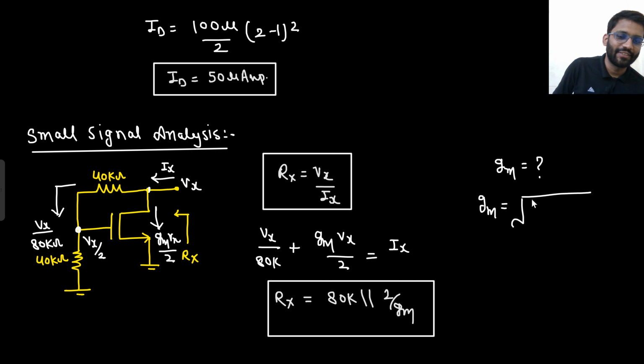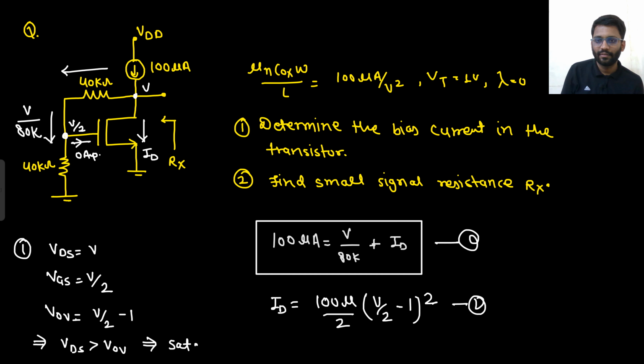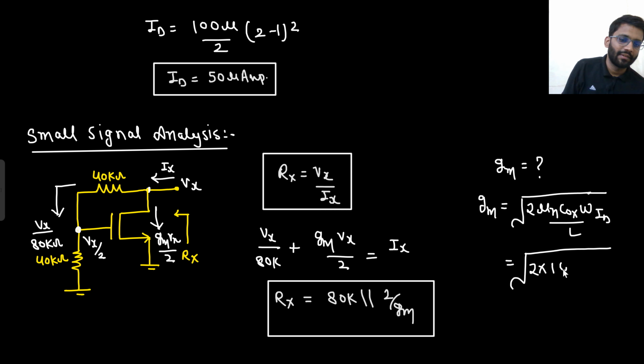Okay. So what is the value of Gm? That is 2 mu n Cox W by L ID. So you know that bias current in the transistor is 50 microampere. So root 2, you know the value of mu n Cox W by L, that is 100 microampere. 100 micro into 50 micro.